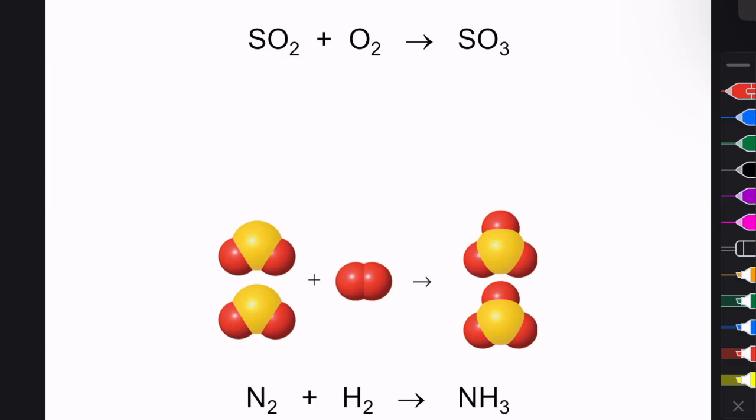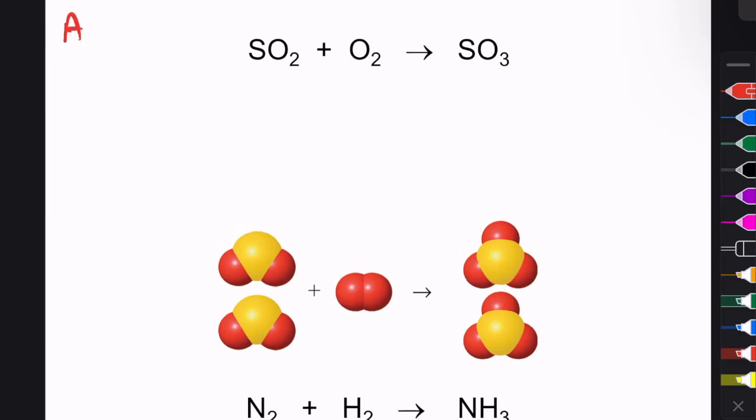For example, this reaction of sulfur dioxide reacting with molecular oxygen to give us sulfur trioxide. This is what we would call a combination reaction. It's where we have two materials, A plus B, and they come together to form AB.